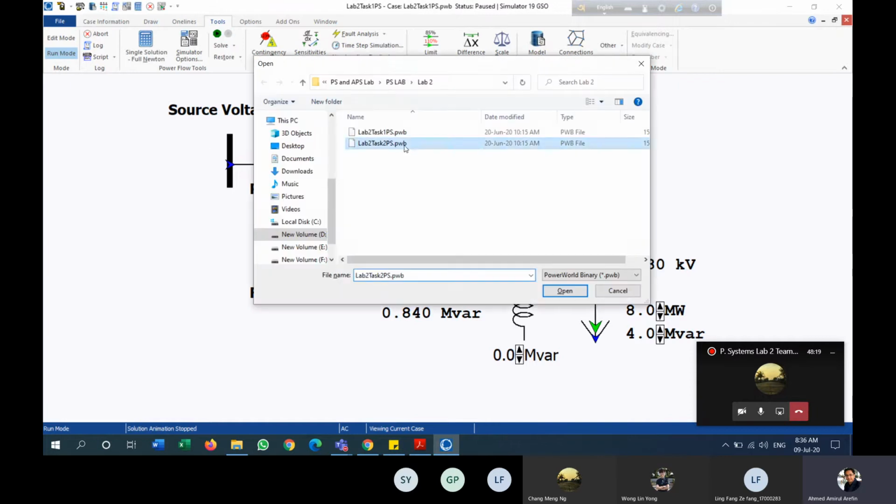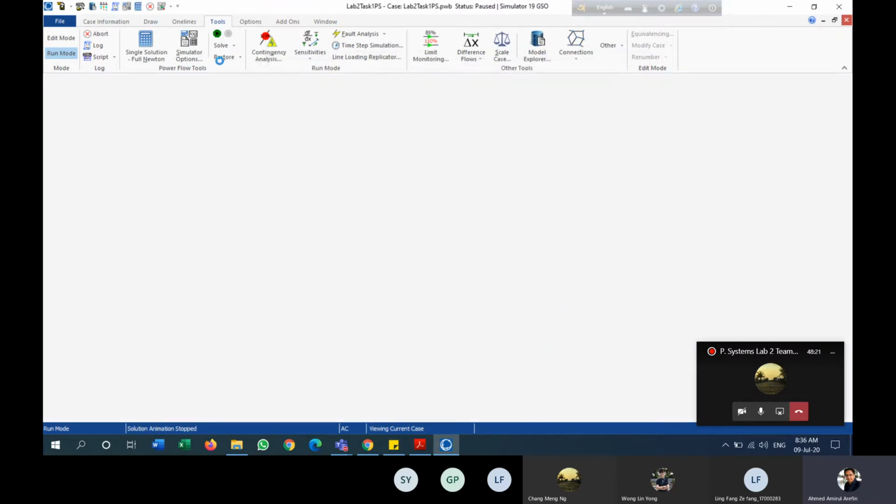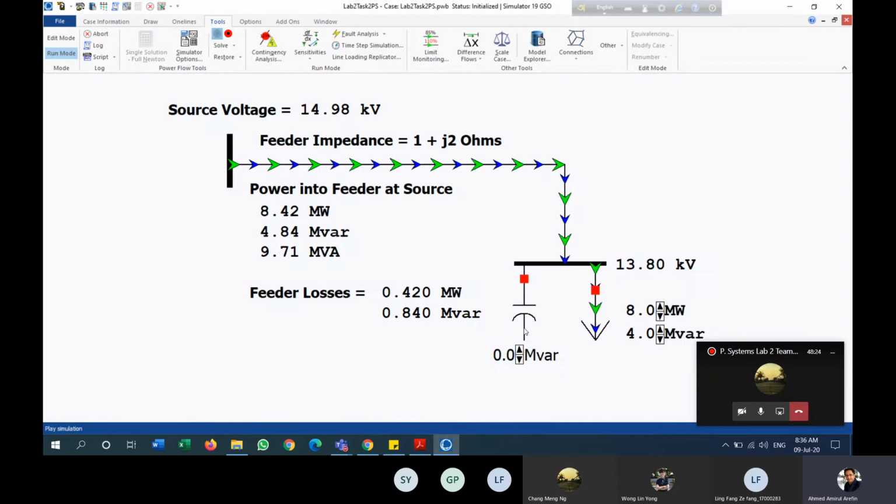If I open task 2, you can't change the direction of the capacitor. Just see, you can change the value of the capacitor here. That is why I am saying that you can only change the value in the positive direction for the capacitor and the negative direction for the inductor. The real thing is that an inductor consumes reactive power, and a capacitor supplies reactive power.